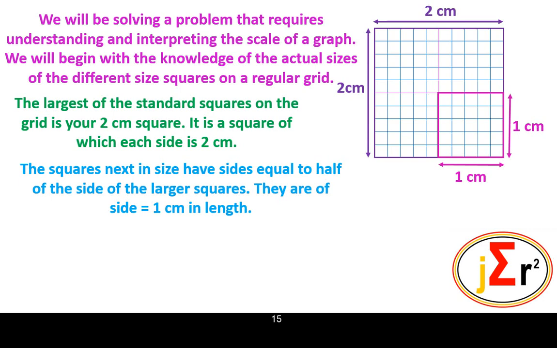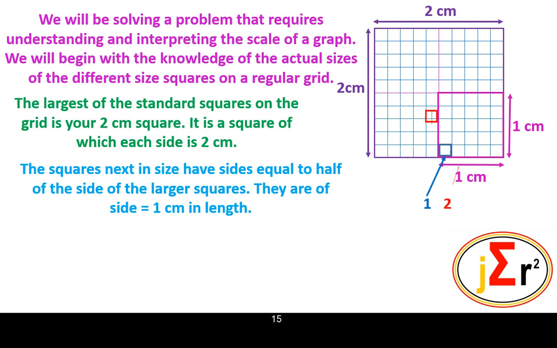So the next one is side equal to half of the side of the larger square. They are of side equal to 1 centimeter in length. So the first is your 2 centimeter squares. Then the second is your 1 centimeter square.